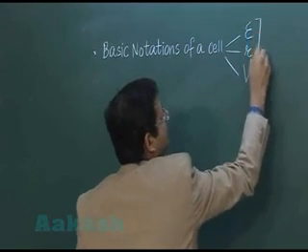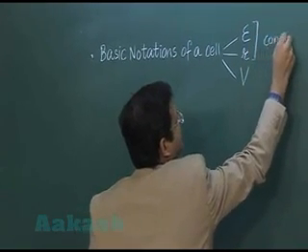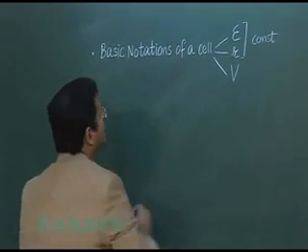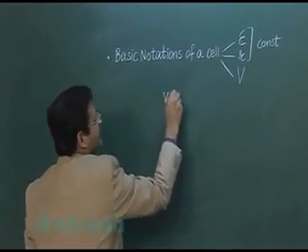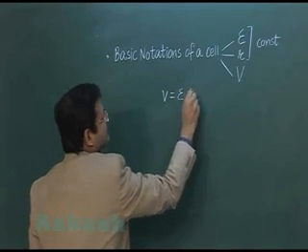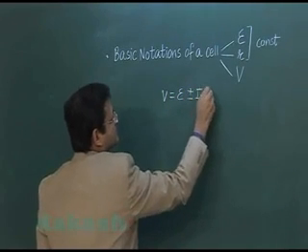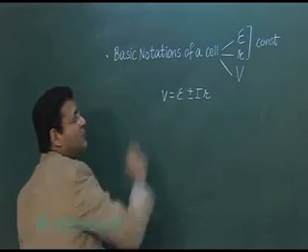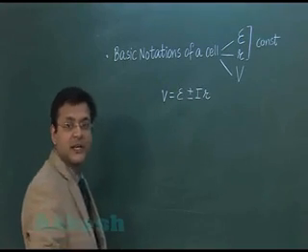We said that these two are constant and terminal voltage may vary. We said that V can be E plus minus Ir. Terminal voltage can be more, can be less, or can be equal to EMF. All three possibilities are there.